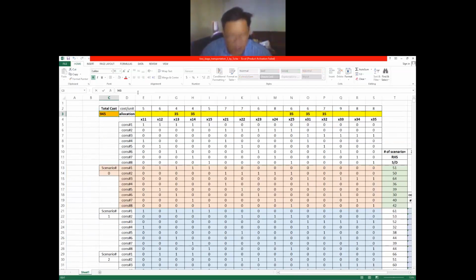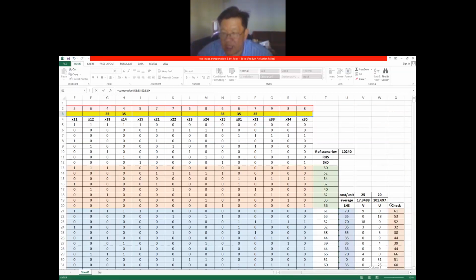This is a contribution to the total cost. Since we made a copy, the formula is gone, so we need to re-input the formula. This is a sum product of this allocation with the associated cost for each allocation from each warehouse to each customer, plus the additional corrective action cost.